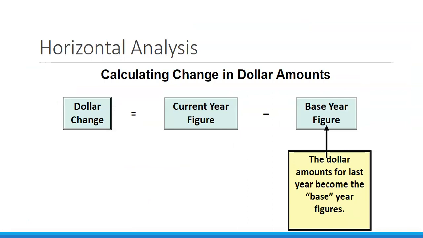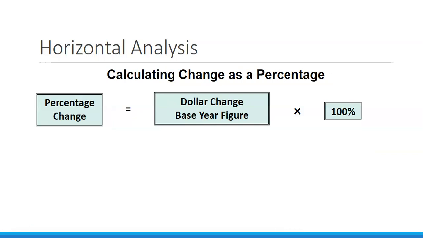When we do those calculations, we want the current year figure minus the base year, and that gives us the dollar change. We take that dollar change and take it times 100%, as we'll see on the next page. So turning it into a percentage, we take that dollar change divided by the base year figure and take it times 100%.